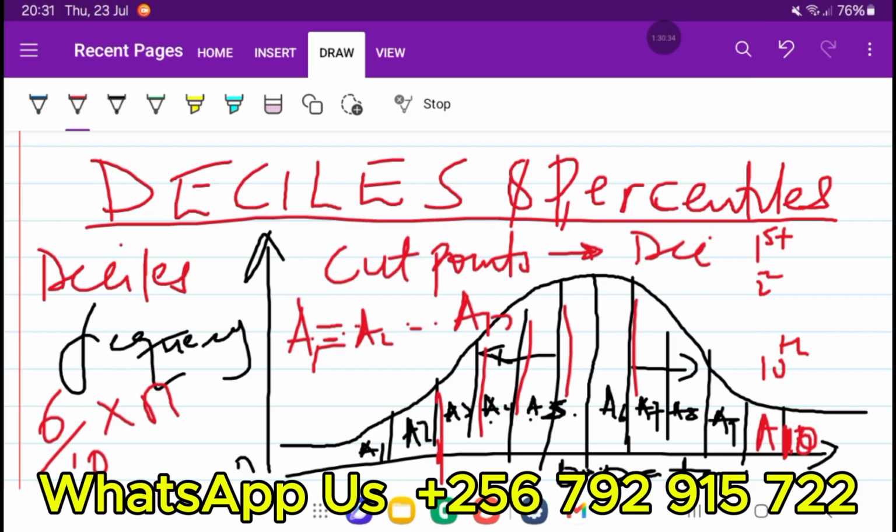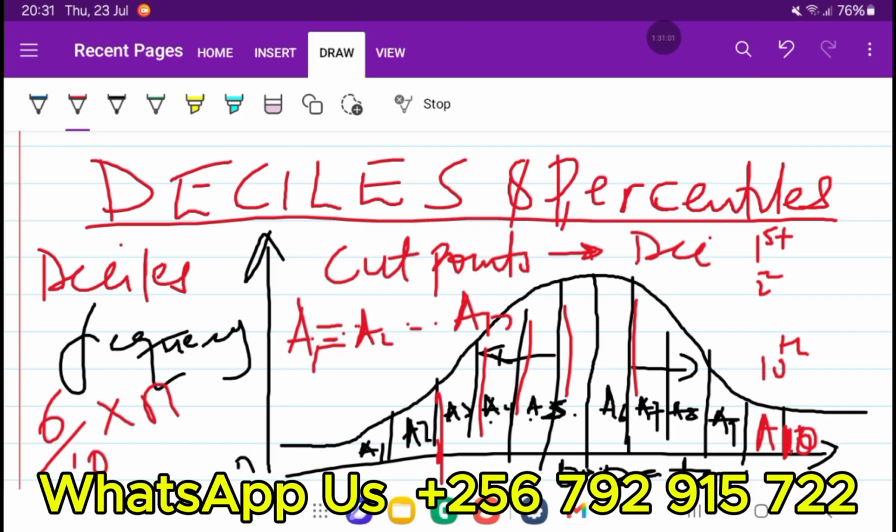But if the values are repeated, we use the frequencies for ungrouped. But for grouped, we actually use the OGIVE, and in the OGIVE we put the cumulative frequency on the y-axis. So that is basically for the decile.